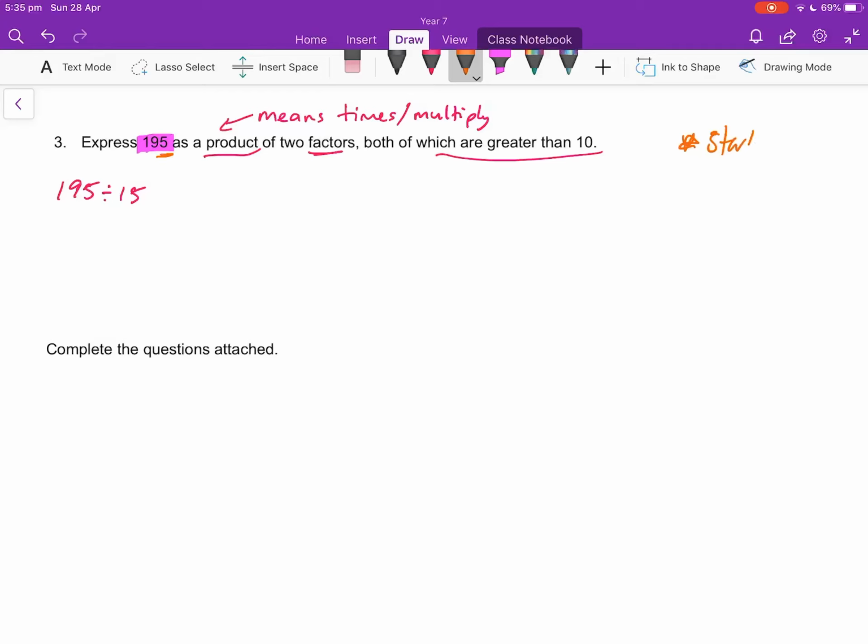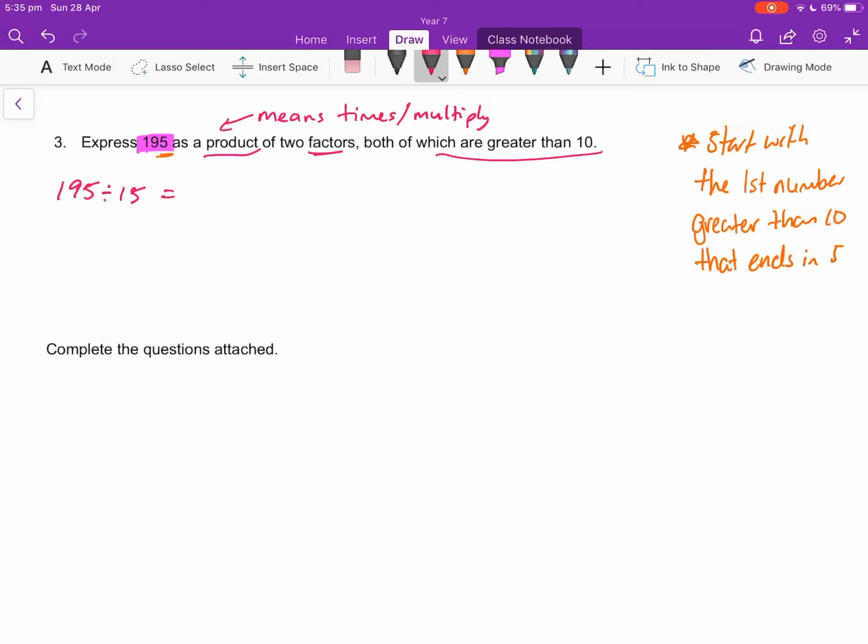Okay, so I'm going to make a little note over here. Start with the first number greater than 10 that ends in 5. Okay, and so it's a little bit of trial and error.